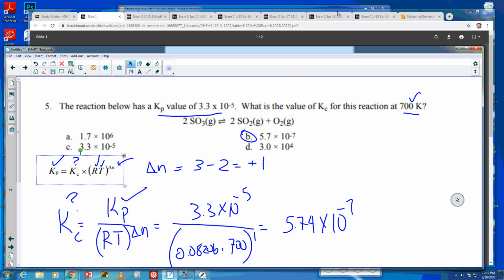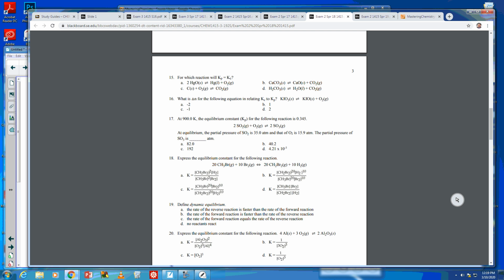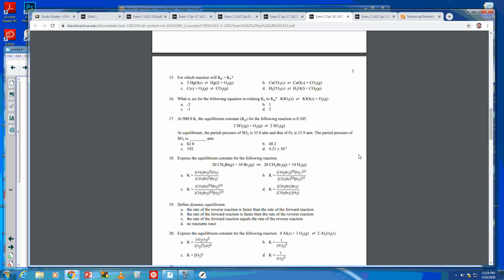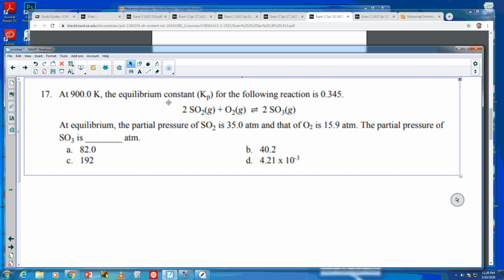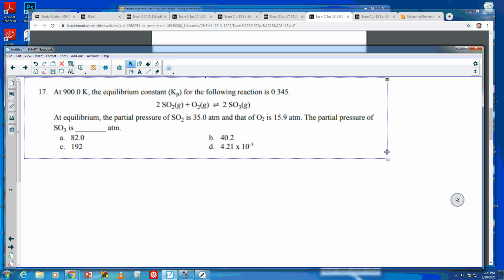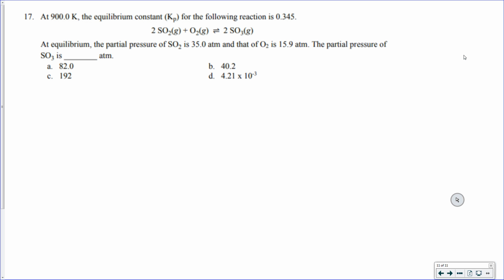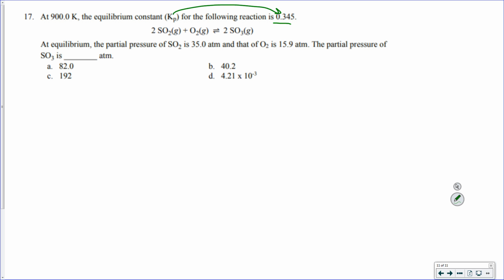Which problem? Number 17. Okay, so this one is a little different in that it gives me the value of K sub P. So I know what K sub P is in the problem, and it gives me the partial pressures of some of the components, and it wants to know the other ones.